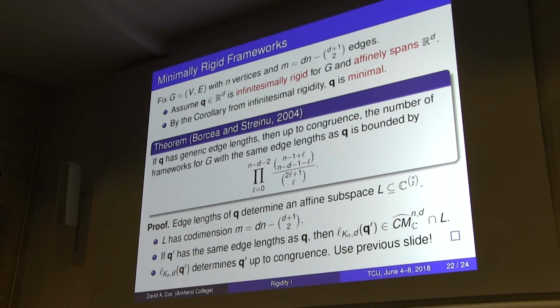Because this is for the complete graph, once I know this, there's only finitely many possibilities. It determines Q up to congruence because it determines all edge lengths. And so we actually get that bound.